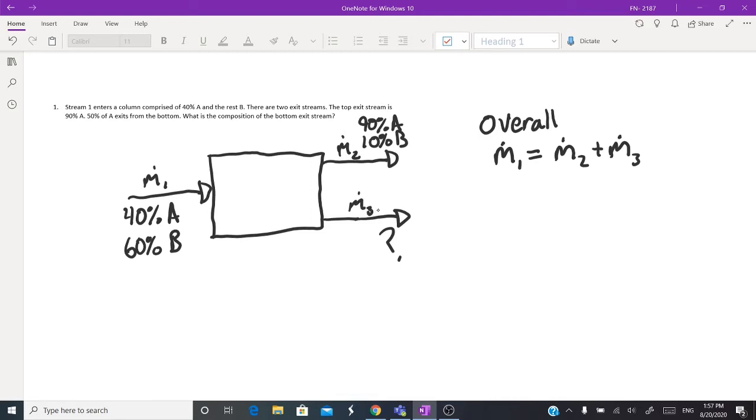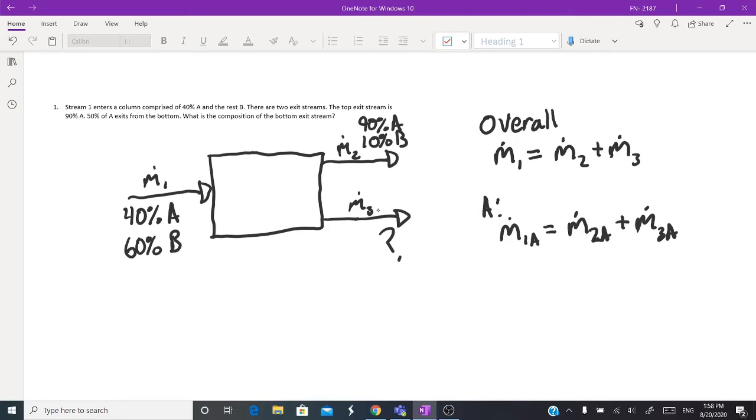The same is going to be true for A. So I can set up an A balance, and that is that M1A is equal to M2A plus M3A.